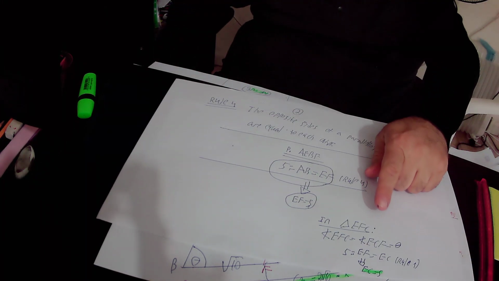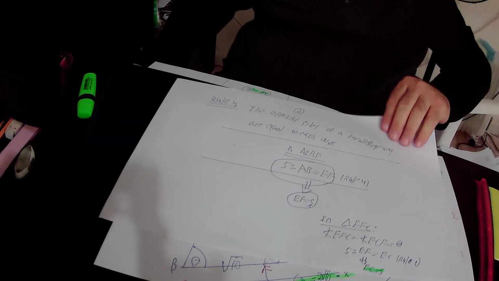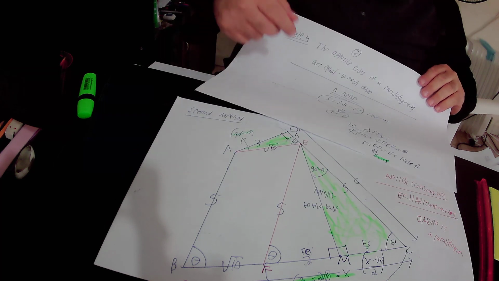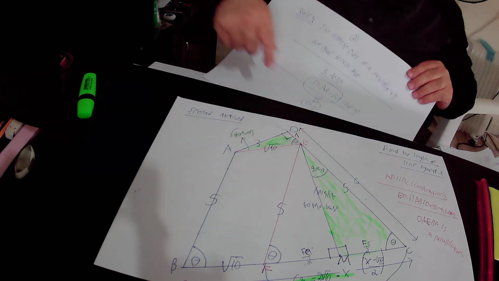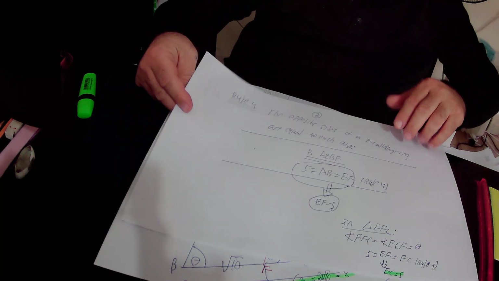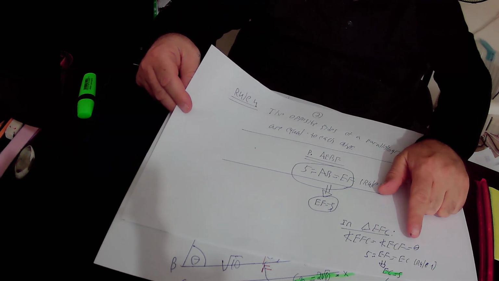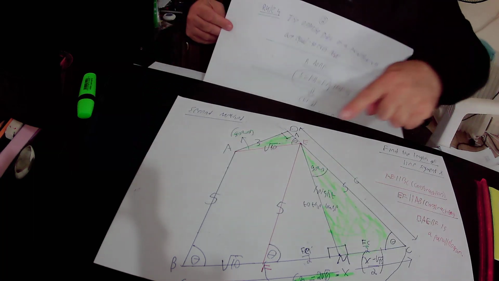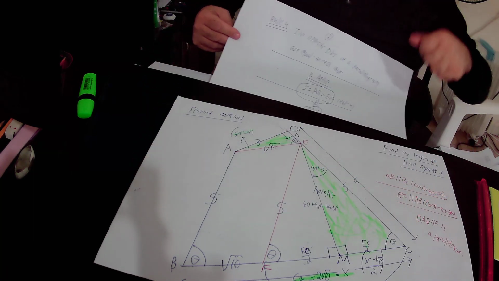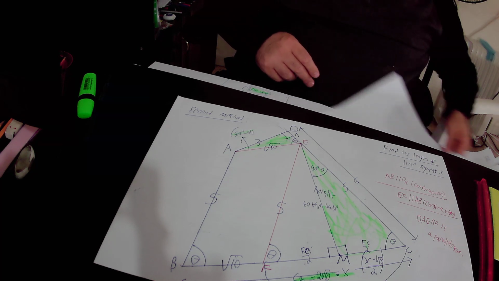According to rule number 1, EF equals EC. But we just found out that EF equals 5. So from this equation, 5 equals EF equals EC, we will derive that EC is also equal to 5.